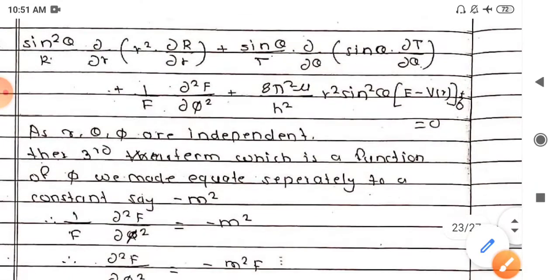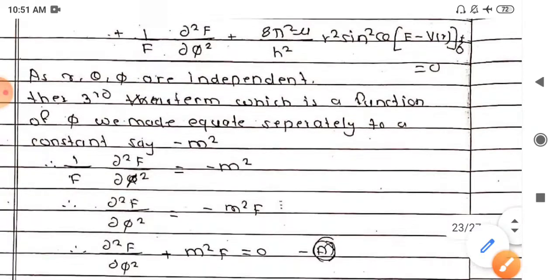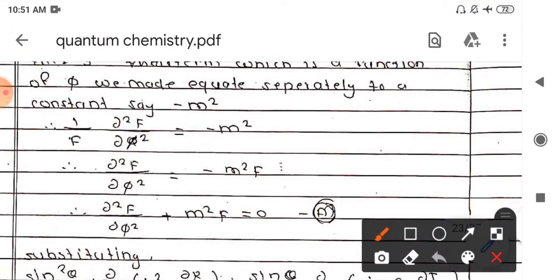R, Θ and Φ are independent of each other, so we can see that the third term, 1 upon Φ into d2Φ by dφ square, is a function of only Φ, the phi variable. So we can separate that equation and equate it to another constant, say minus m square, as we have already seen.